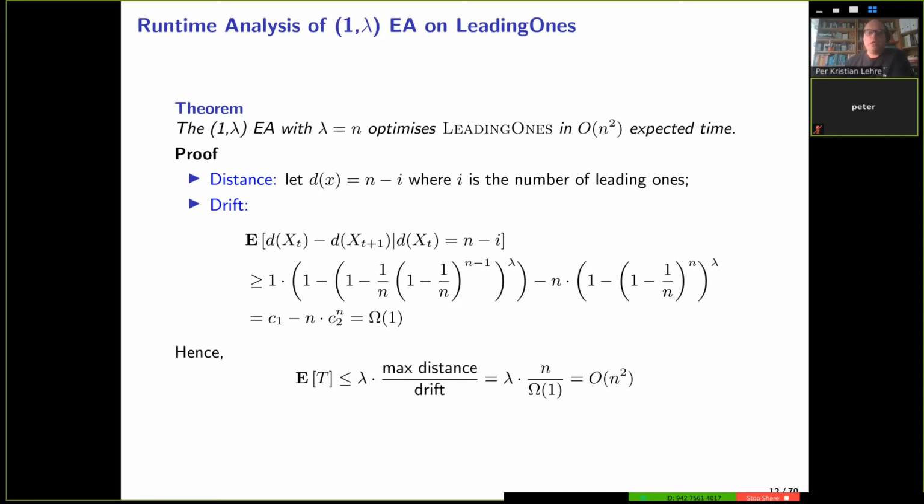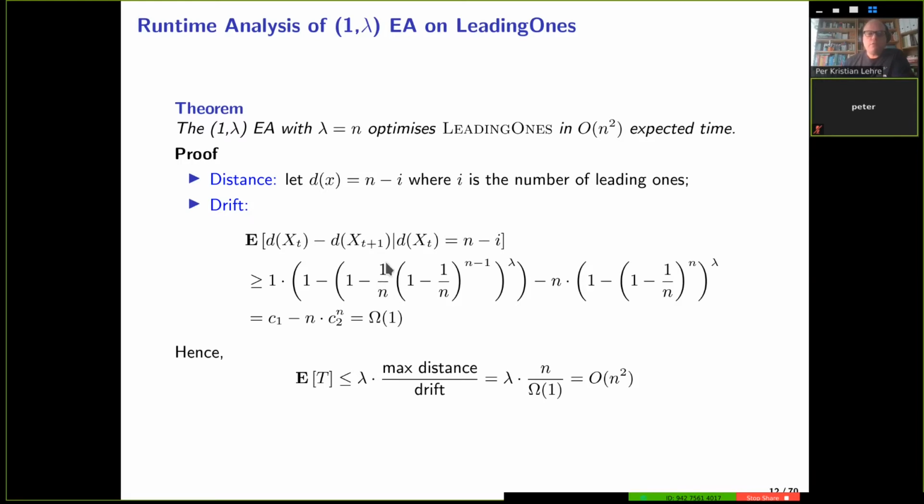Okay. If that doesn't happen, so none of the offspring are better, then in the worst case we will increase the distance by n. Okay, so a very rough bound is then, first we compute, okay, what is the probability that one particular individual improves the distance, so improves the fitness.